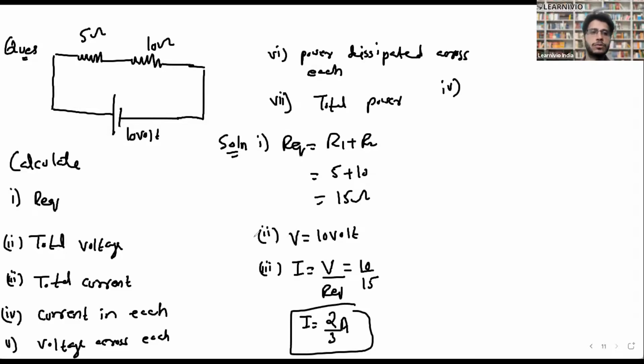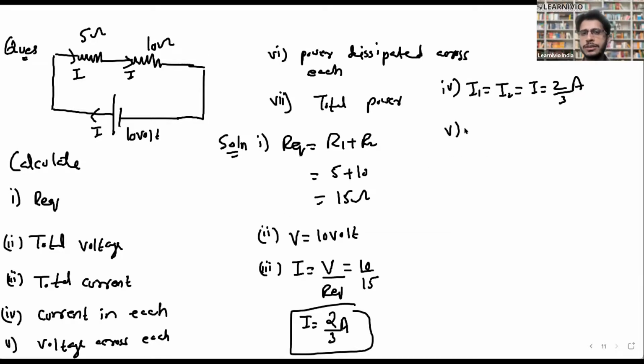Similarly, part 4, current in each. The current that flows through the cell also passes through the resistor. So current through each resistor is the same as the total current. So I1, I2 is equal to I, which is 2 by 3 ampere. Fifth part, voltage across each.